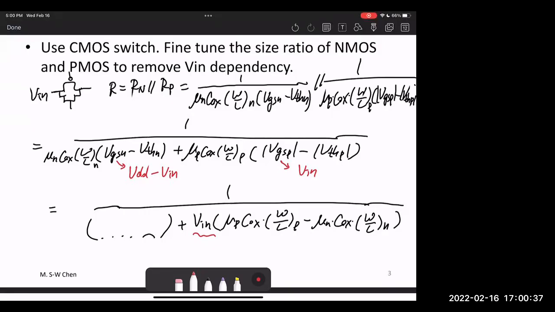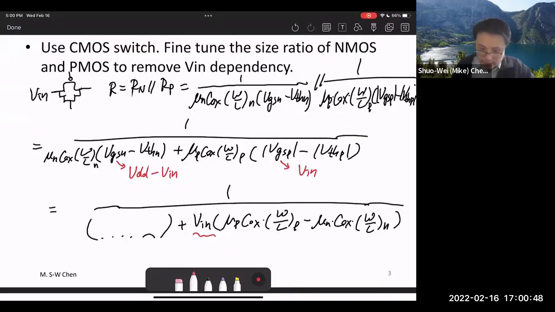If you choose the sizes of the P to compensate for the difference between them, like if you choose mu multiplied by W over L to be equal on both sides, we can minimize that effect. That's right, right? So if you choose the mu W over L P and W over L N basically inverse to the mobility ratio, mu P and mu N, then they cancel each other.